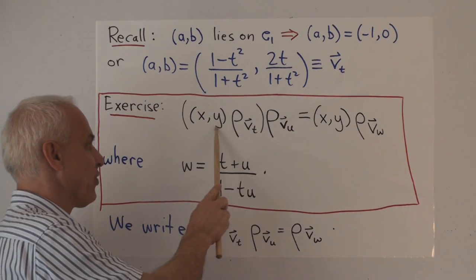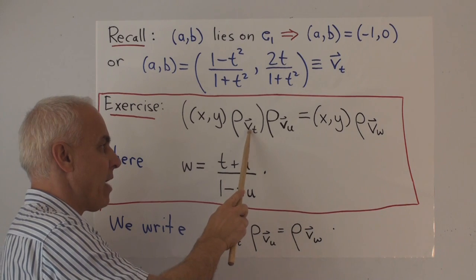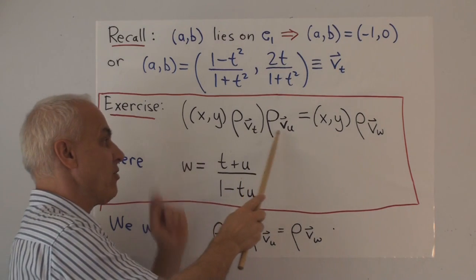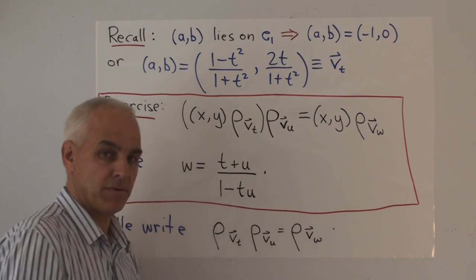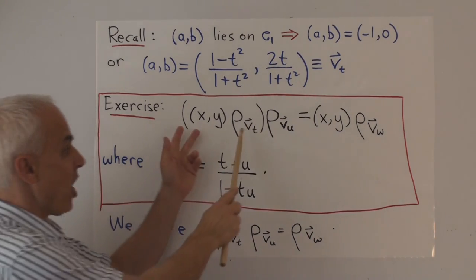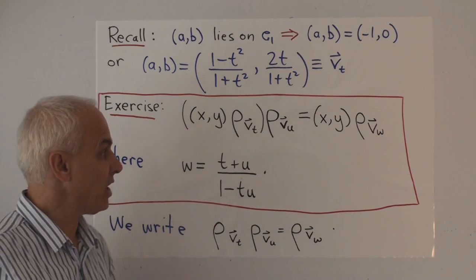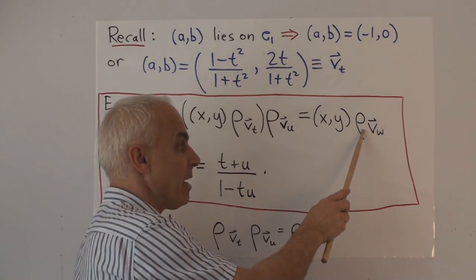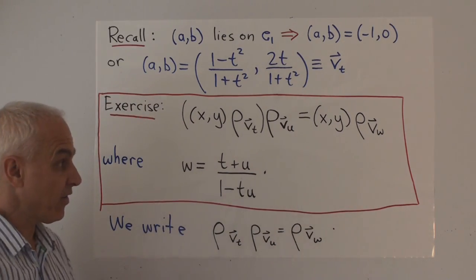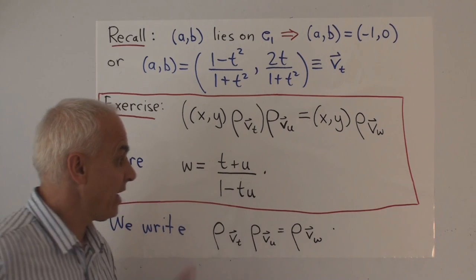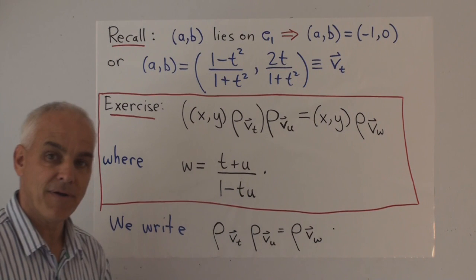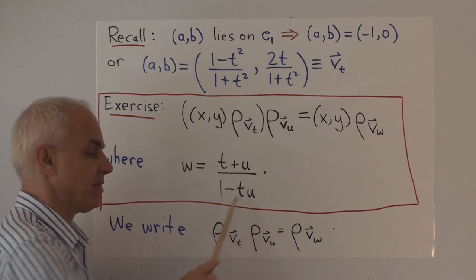If you have a vector xy and you apply rotation by this vector vt for some t, and then to that you apply another rotation vu, so you take another point now with t replaced by u, then that combination, one rotation followed by another rotation, can be written as xy times a single rotation, vw, where this w depends on t and u in this relatively simple form. w equals t plus u divided by 1 minus the product t times u.